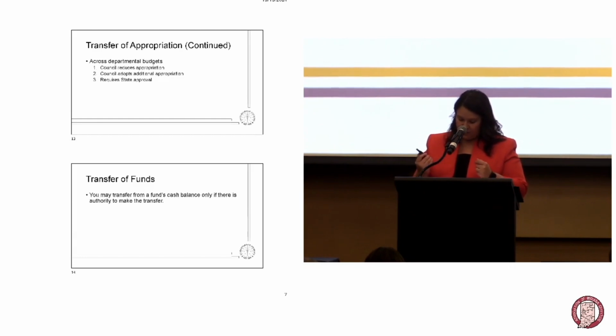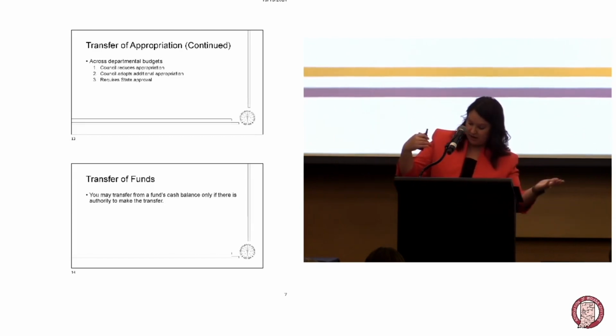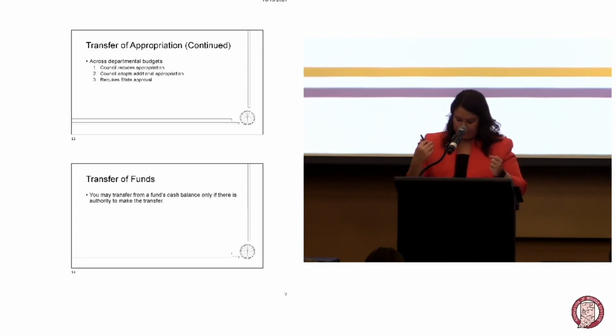However, this would be a major change in the advertised budget and would require following the additional appropriations procedures that we already talked about: reduce one department's budget, increase another. Overall, the budget for the fund didn't change. We just moved things around. So if you want to look at 6-1.1-18-6, that again talks about the transfer of money from one budget classification to another.